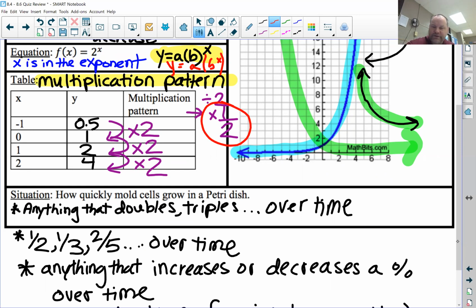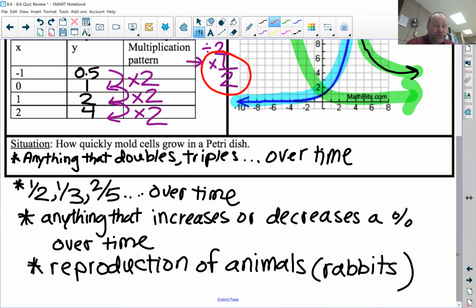I believe in the notes on Tuesday, we had a car that depreciates by 12% of its value. Okay, so that's a decrease of 12% over time. That would be exponential. And then reproduction of animals, and the example here is rabbits, but it could be any animal or any population as far as that goes, would be exponential.